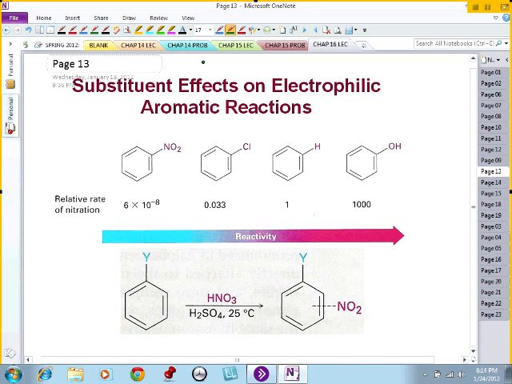Okay, so let us get going here. We do have a lot of material to cover. If you recall, when we left on Thursday, we were discussing electrophilic aromatic substitution reactions.